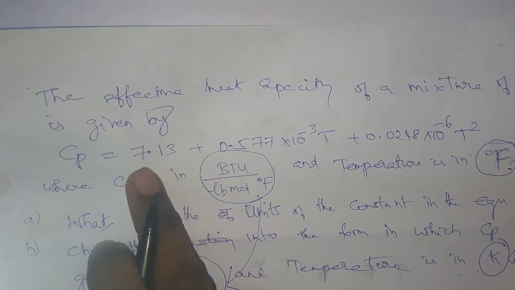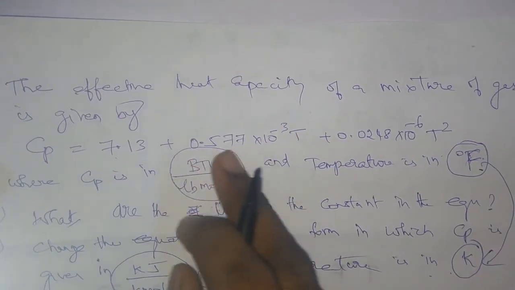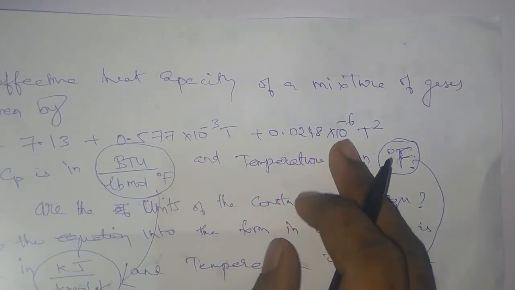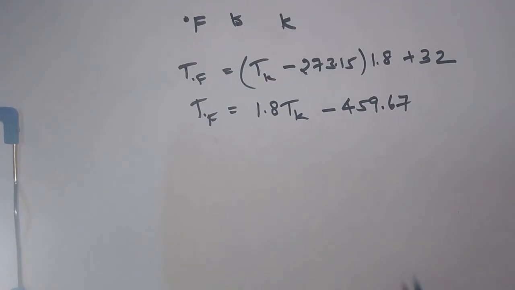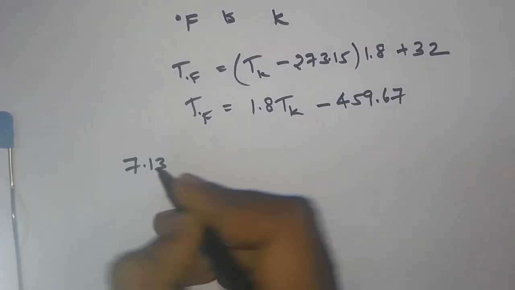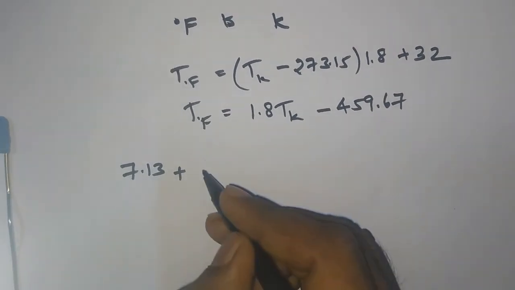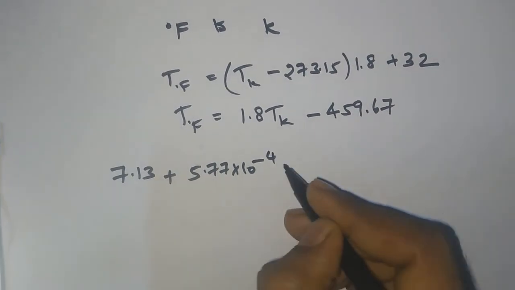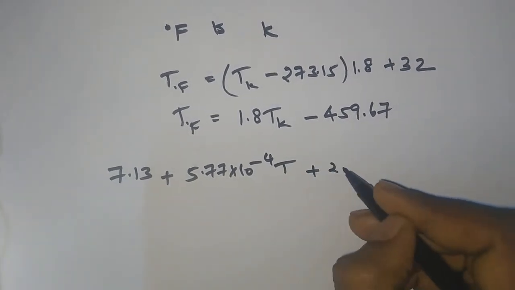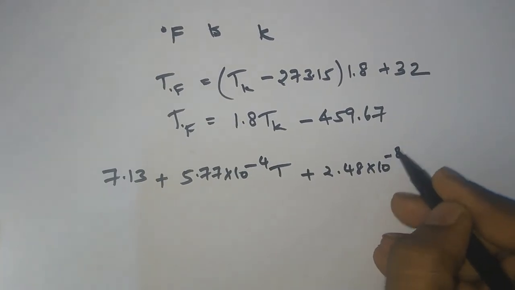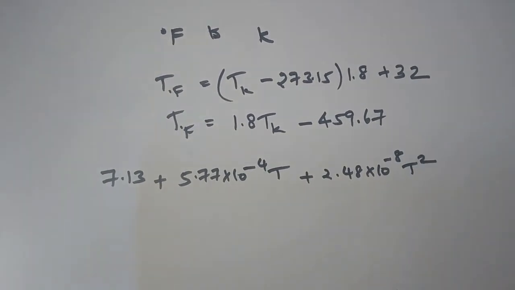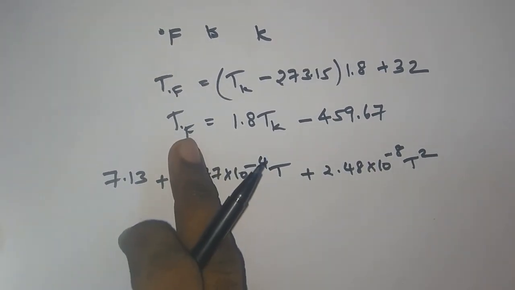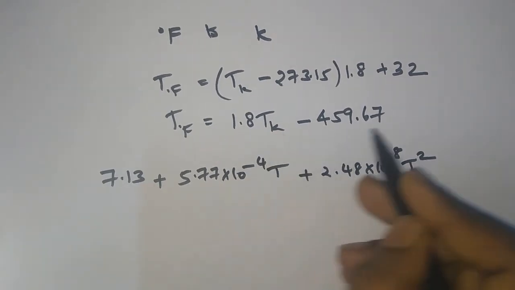In the question it is given: 7.13 plus 5.77 into 10 power minus 4 T plus 2.48 into 10 power minus 8 T square. That we should first write down. This T is in degree Fahrenheit, and to replace this temperature in Fahrenheit with temperature in Kelvin, we have to replace it with this term.